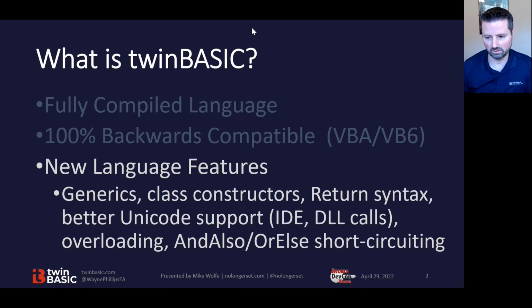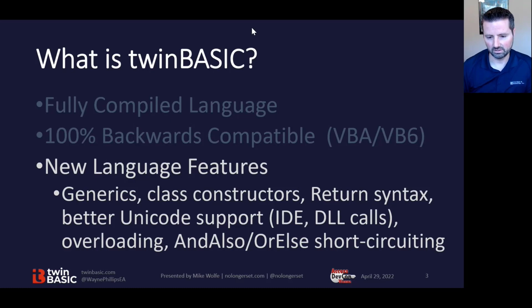Generics, class constructors, you can use the sort of function return syntax that you have in other languages, and much better Unicode support, which is especially important for this audience, both within the development environment and when making DLL calls. When you're dealing with strings in Unicode in VBA, you've got to jump through some hoops.